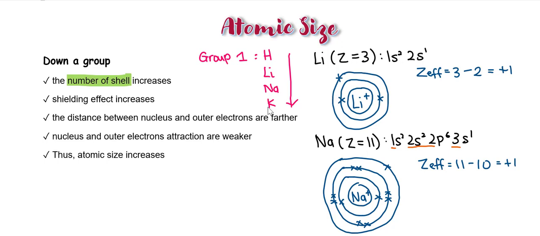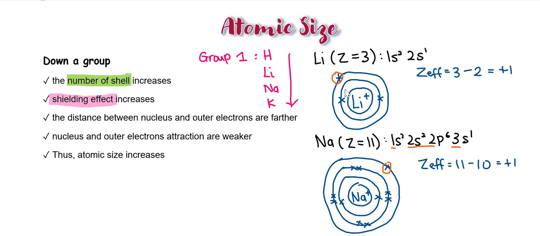As the number of shells increases down the group, the shielding effect also increases. The shielding effect is the effect felt by the outer electrons, where the inner shells of that element shield the outer electron from the attraction of the nucleus.